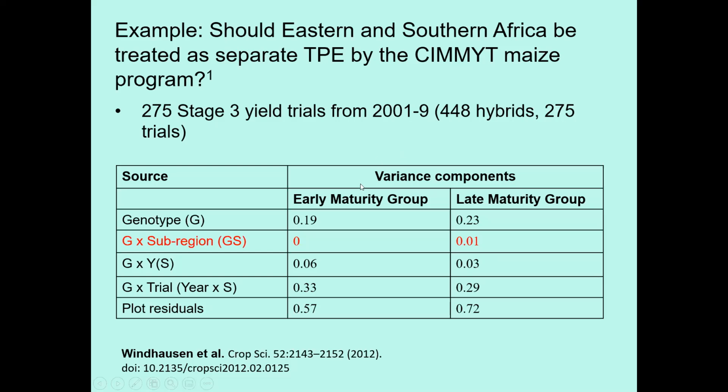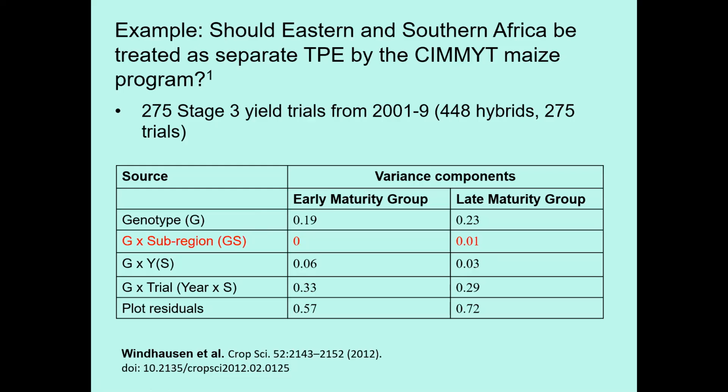She ran separate analyses for early maturity group and late maturity group hybrids. And she found that genotype by subregion interaction explained very little of the genetic variance of the G by E variance for both the early and the late maturity group. And so you really would not, in this case, see any benefit from subdividing in terms of selection for yield.